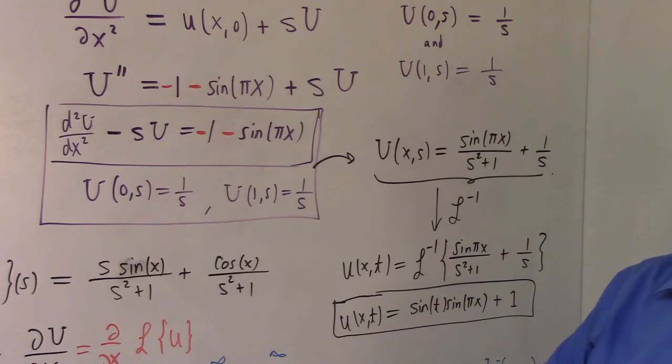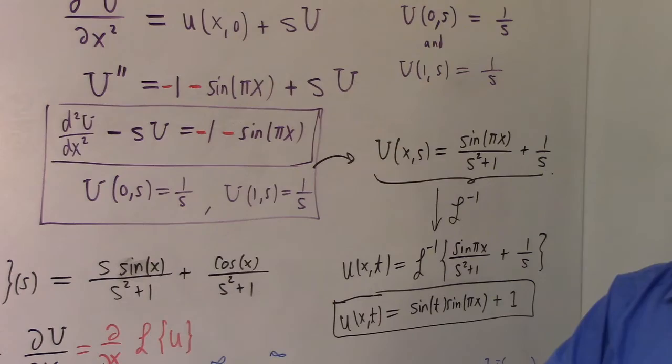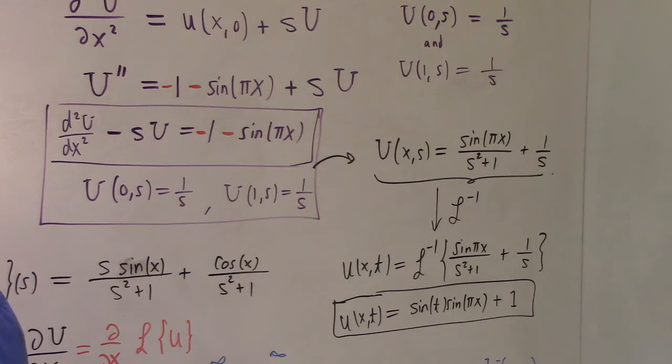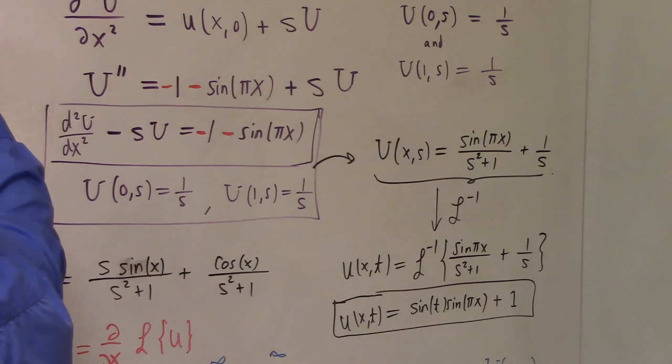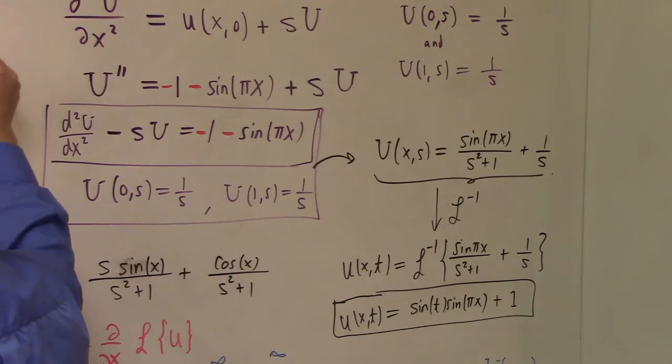There's some simple substitution you can make, especially for this kind of one. You just let v equal u minus 1. Then in v you have v of 0, t equals 0 and v of 1, t equals 0.